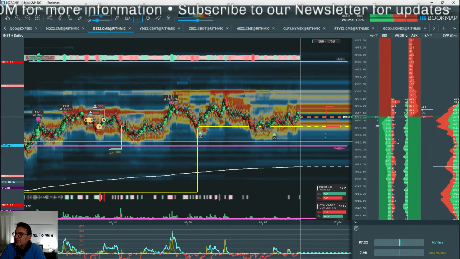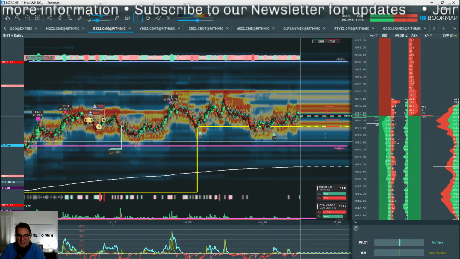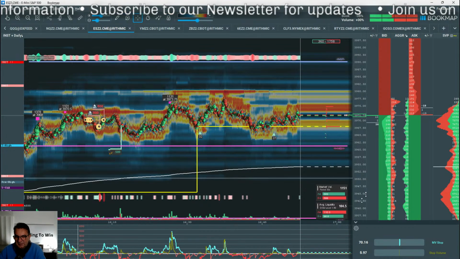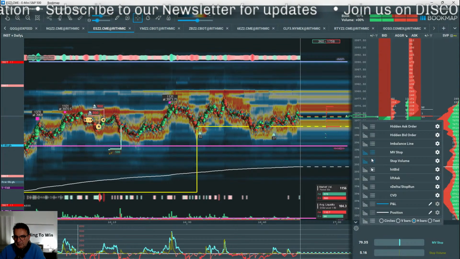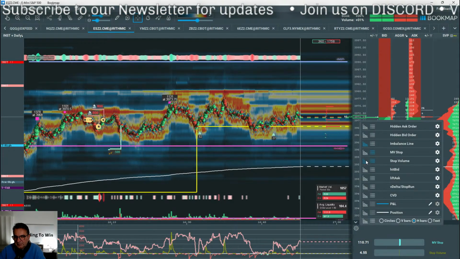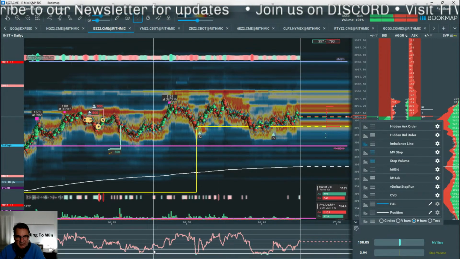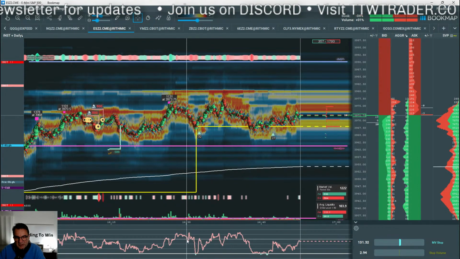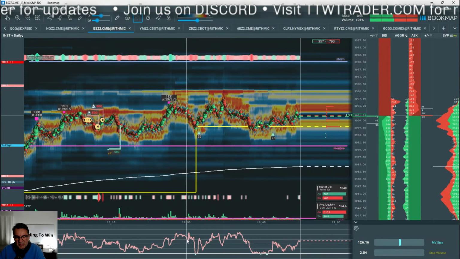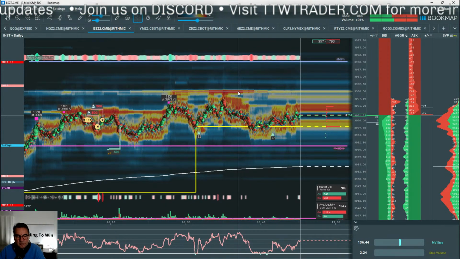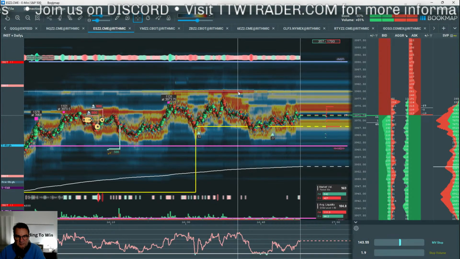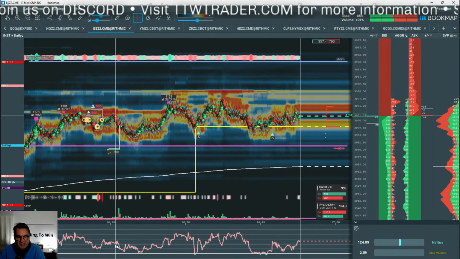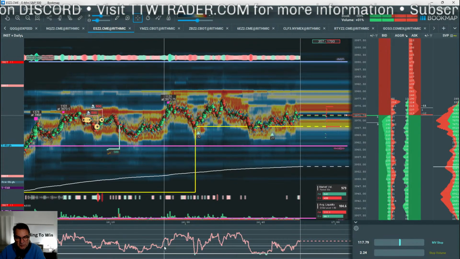No, the imbalance line here. Look here at the imbalance line. This imbalance line points to the higher liquidity in the book. In this case, the imbalance line is on the ask.